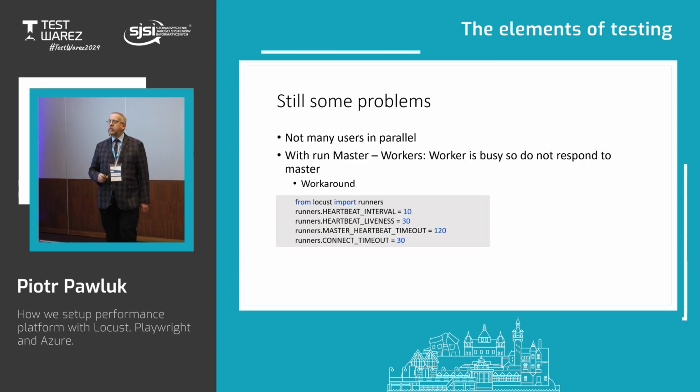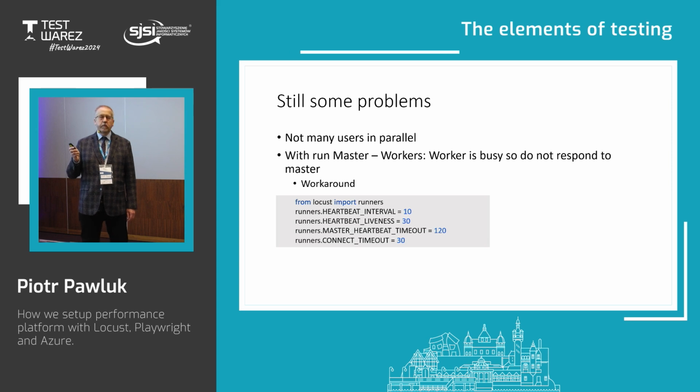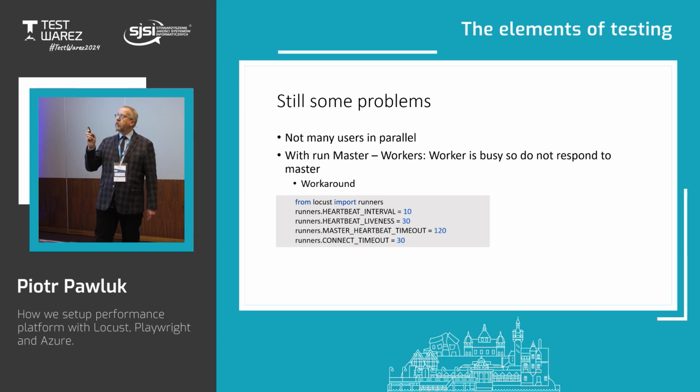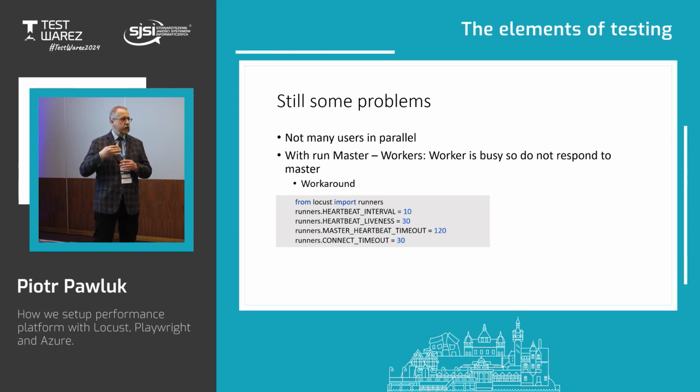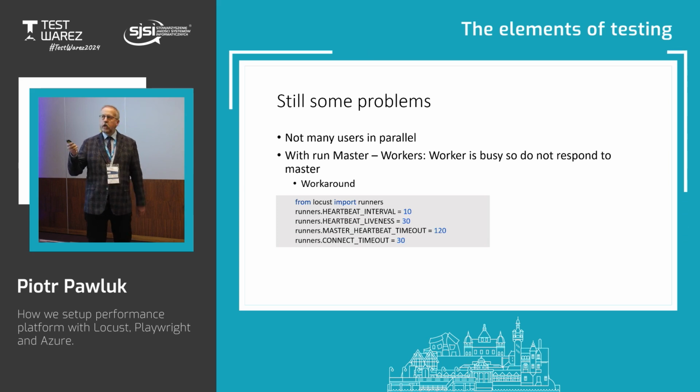Okay, but we had some problems here. Not many users could be running in parallel, so this is the first thing. And second, when you run it on master and worker, the worker was so busy starting Playwright that it had problems with communication with the master.